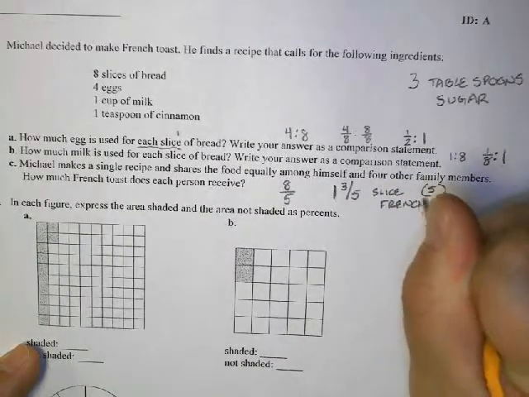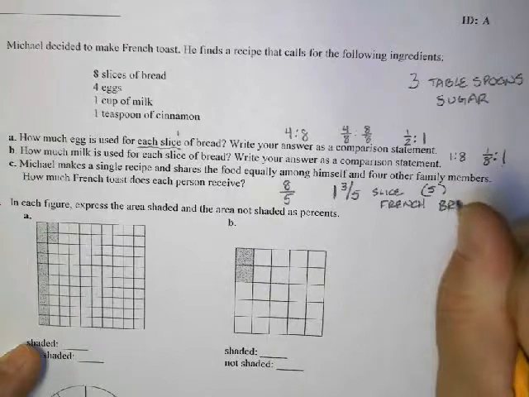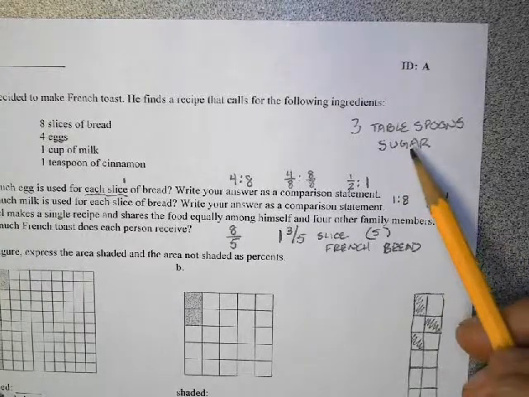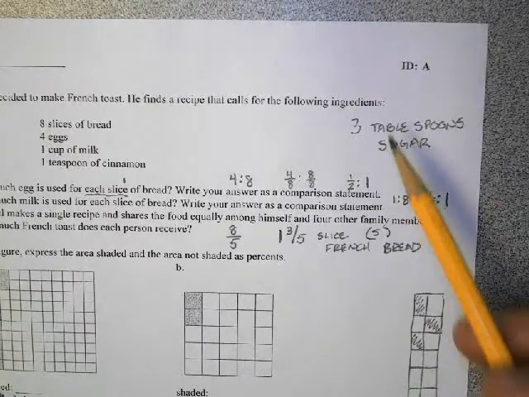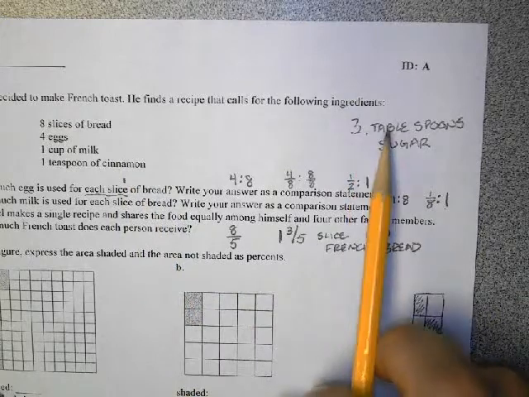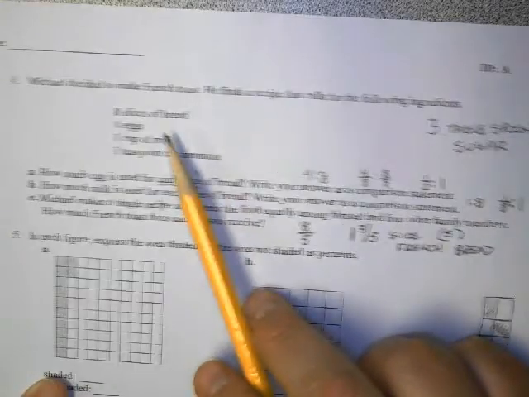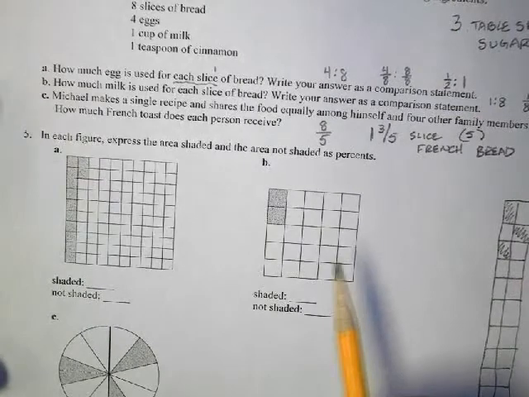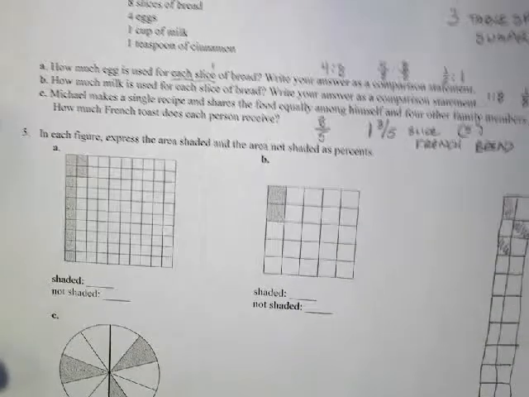Our remainder is 3, so 1 3/5 slices of French toast. Alright, so off on the side, I'd like you now to do the same thing. Let's say they want to make this a little bit sweeter, or a lot sweeter actually. Figure out how many tablespoons they need for 1 slice of bread.